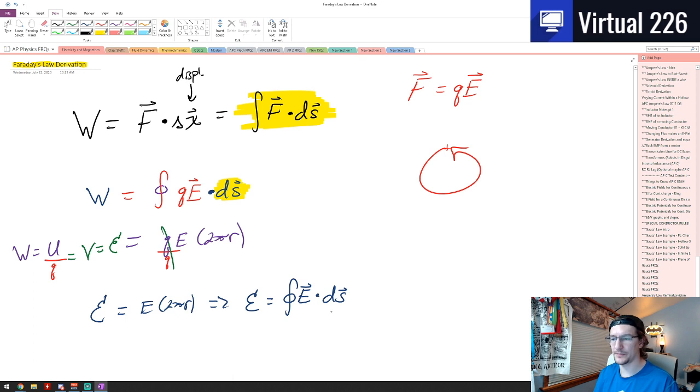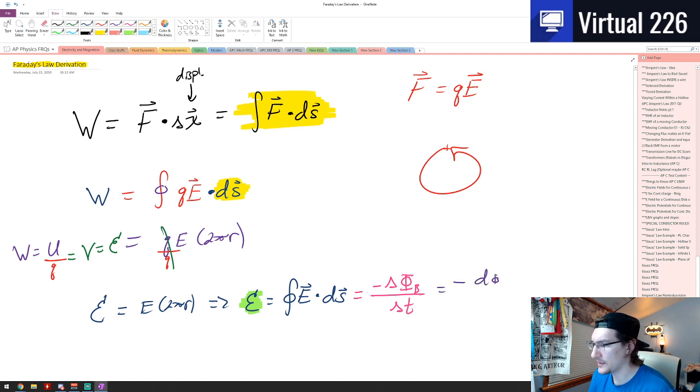Now the really cool thing about this is if we go back and consider what we know about induction from the AP Physics 2 class in that first intro video, we know that EMF equals something else. We know from Faraday's law that EMF also equals the negative change in magnetic flux divided by some amount of time, or a more calculus way to write this would be the negative d flux dt.